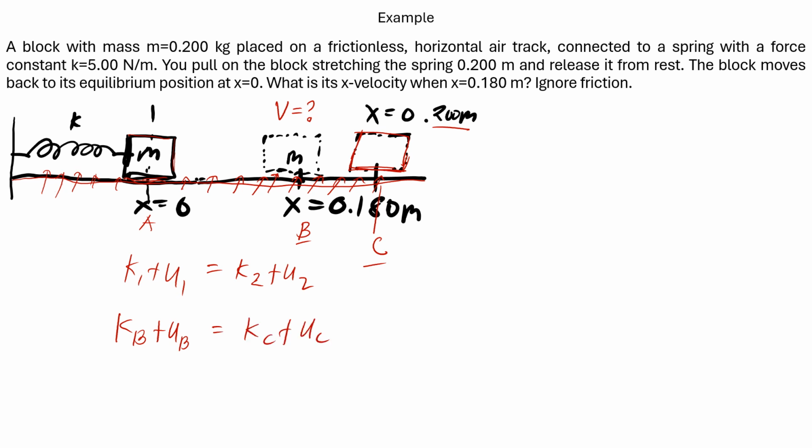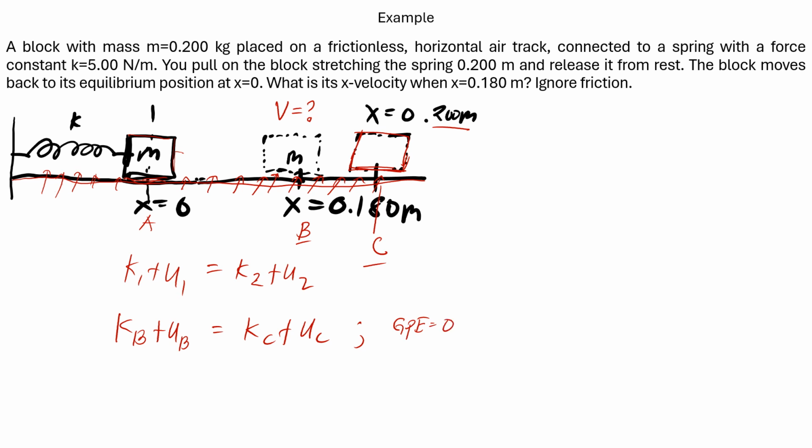So take note that in our system, we don't have displacement along the y-axis, so the movement is purely horizontal. So we can take into account that the gravitational potential energy is already 0.